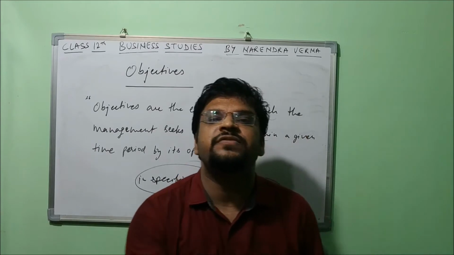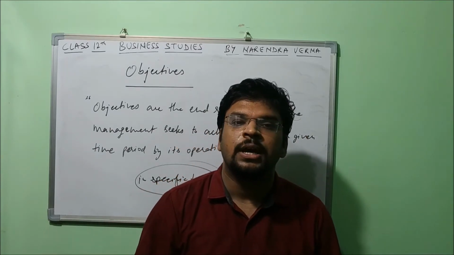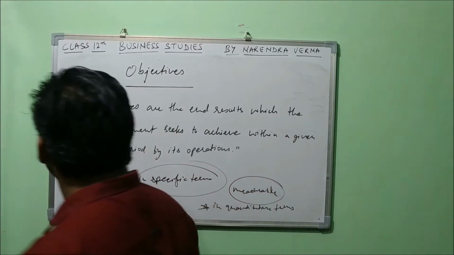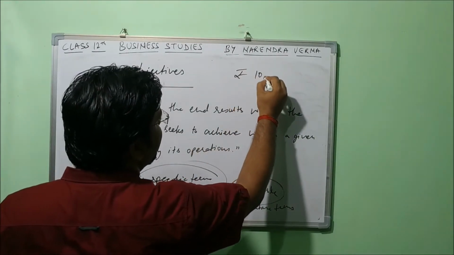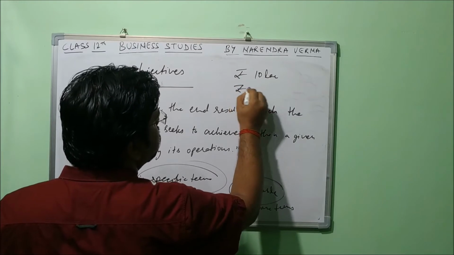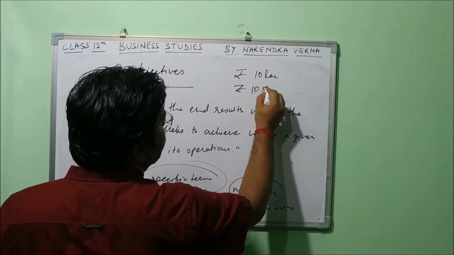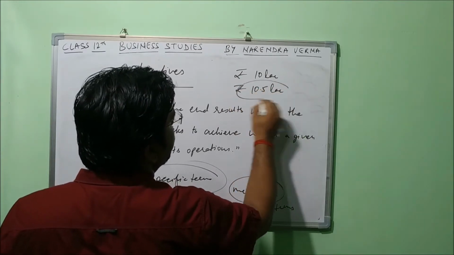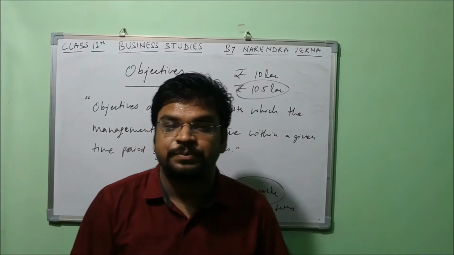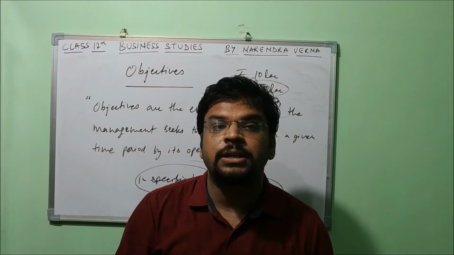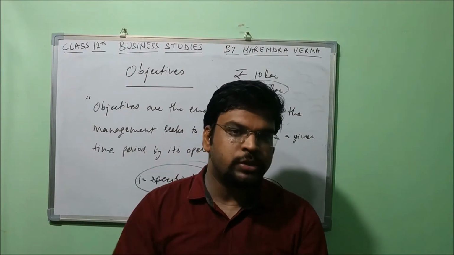Now, what is the definition of good? Say, earlier they were getting a turnover of 10 lakh and now they got 10 lakh 50,000. Alright, but even then the management of the company is not happy. The management is complaining that this is not a good sale at all.